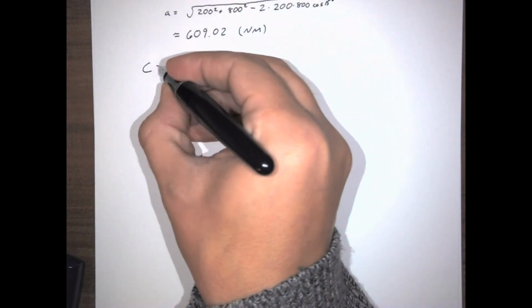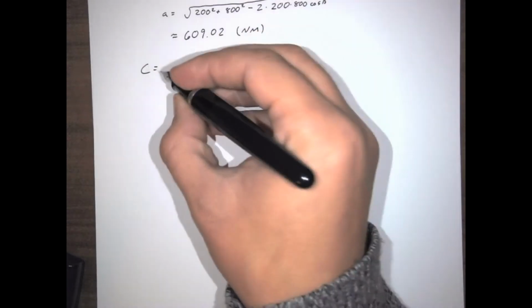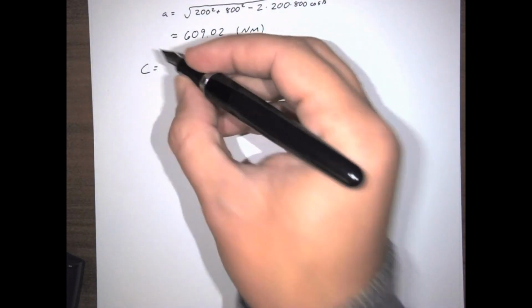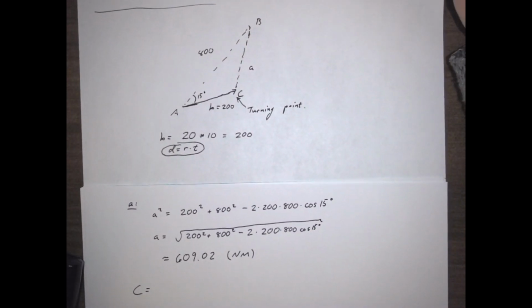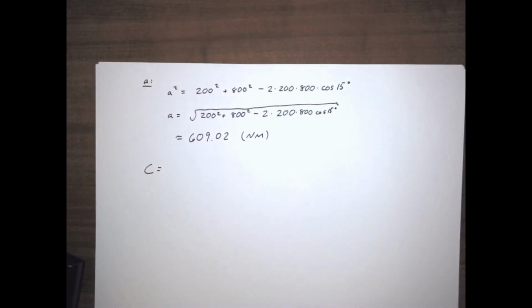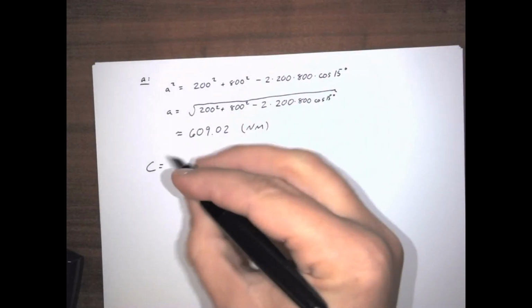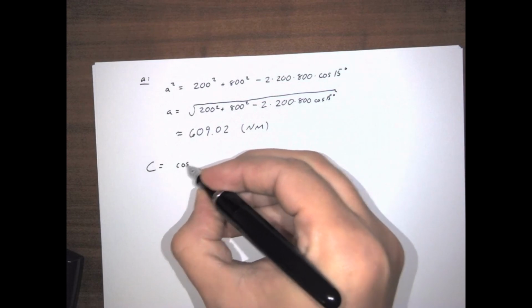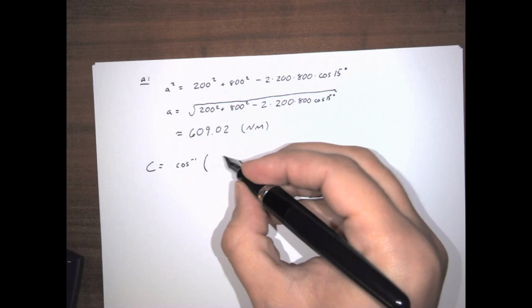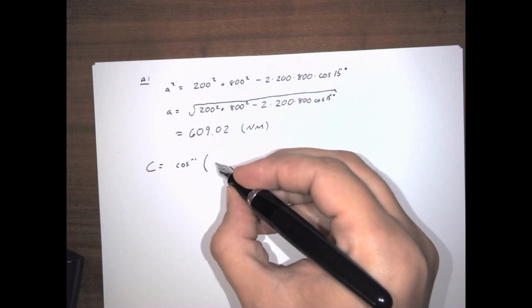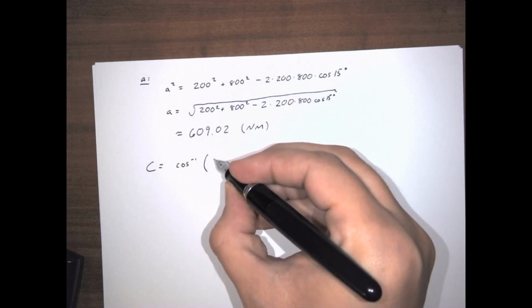Okay, now angle C. We now have all three sides of the triangle, and so angle C we can now find by using the formula for the angle from the law of cosines. So that's going to be cosine inverse of, and then up here are going to go the two sides that are around the angle.